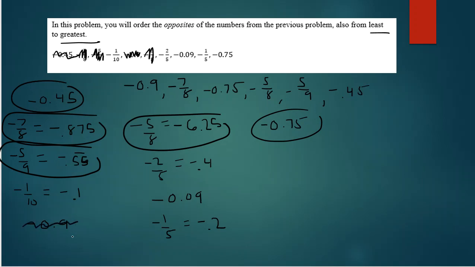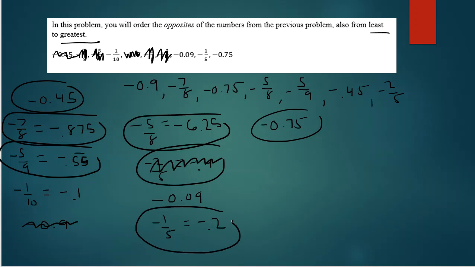And we already did this one. Okay, and then from there, we are going to have the negative 2/5. And then from there, let's see, I think it would be this one, the negative 0.2, which is our negative 1/5.